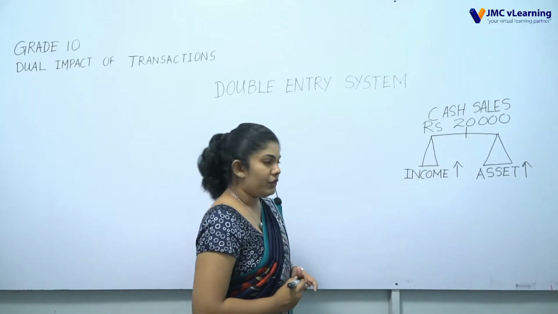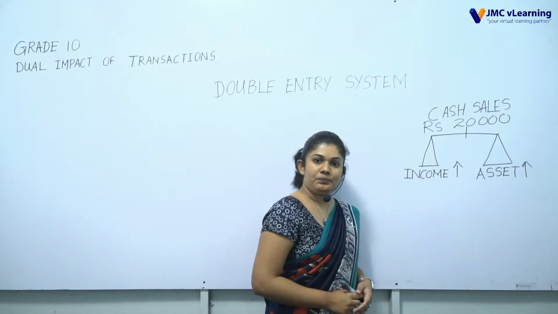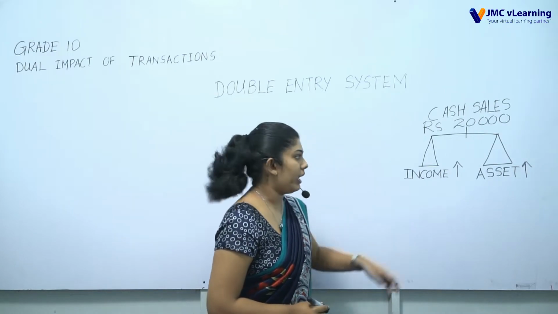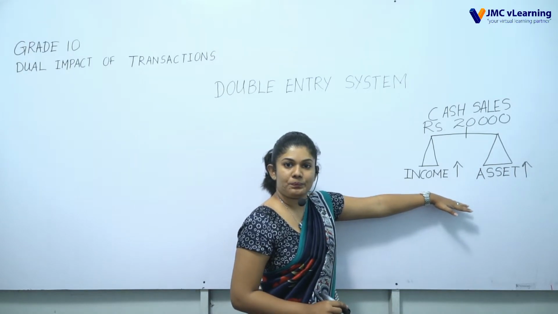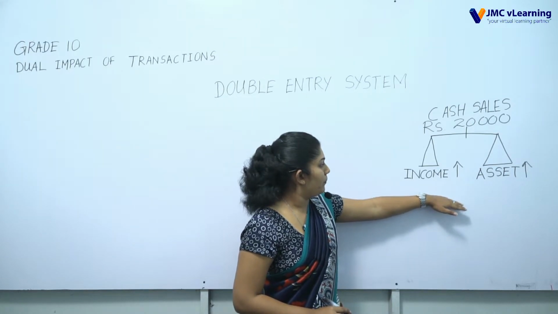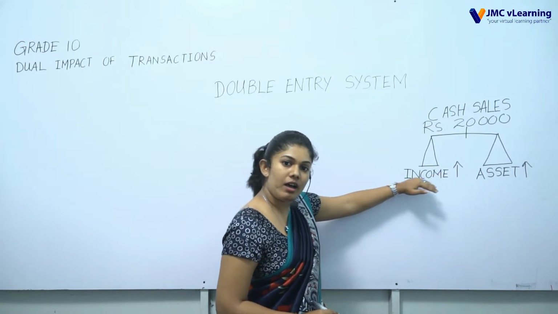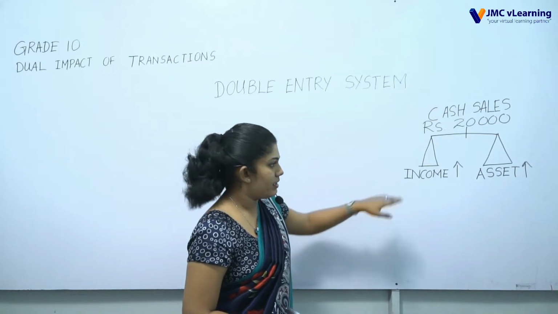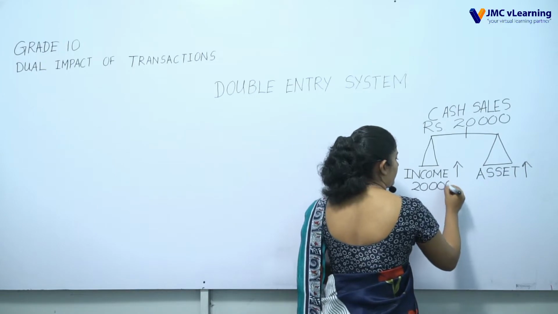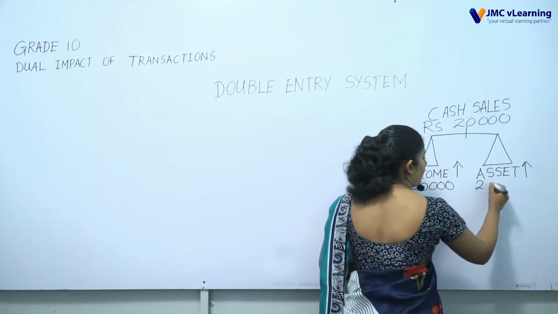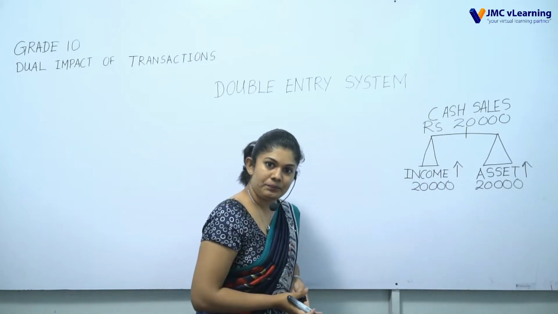Think of this scale as our accounting equation. Now you can see both sides are equal. Both sides are balanced in this scale. Income increased by 20,000. Assets also increased by 20,000. Now our scale is balanced.